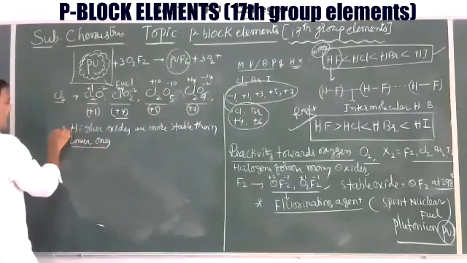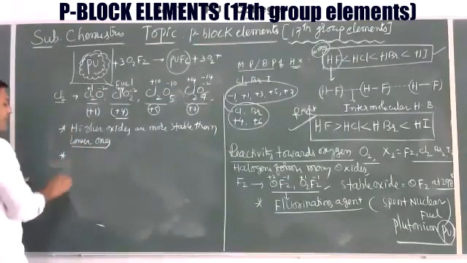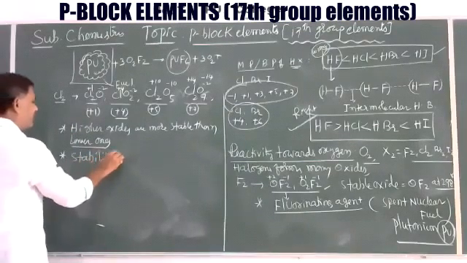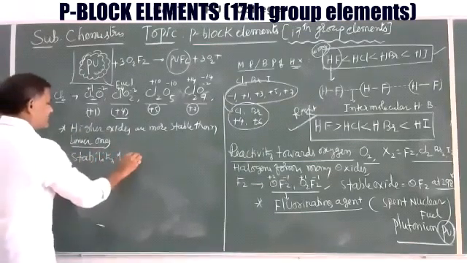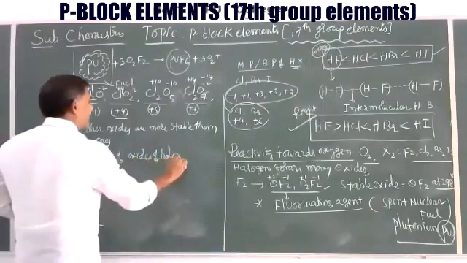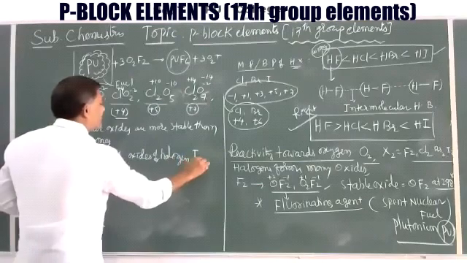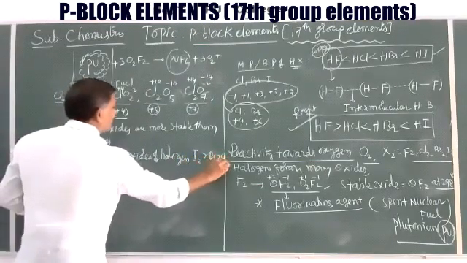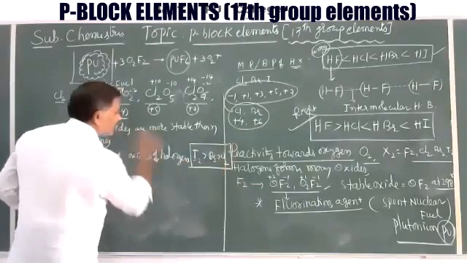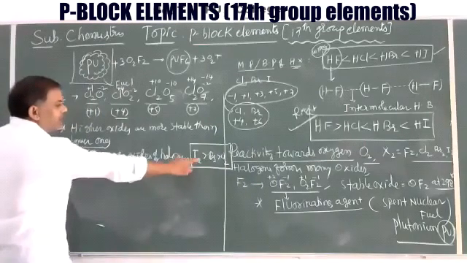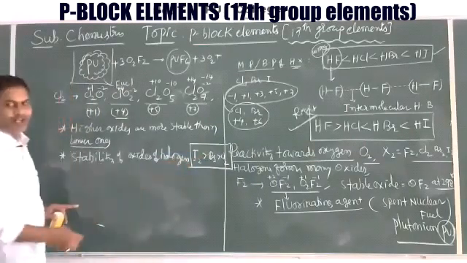Now, the stability of oxides of halogens is generally I2 greater than Br2 greater than Cl2. So iodine oxides are more stable compared to Br2, and Br2 compared to Cl2.